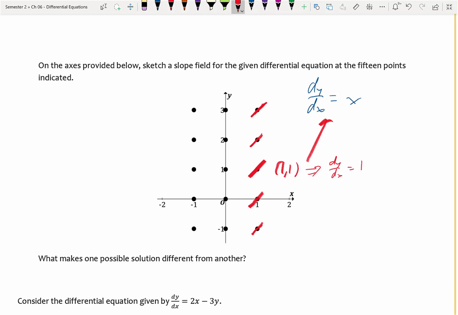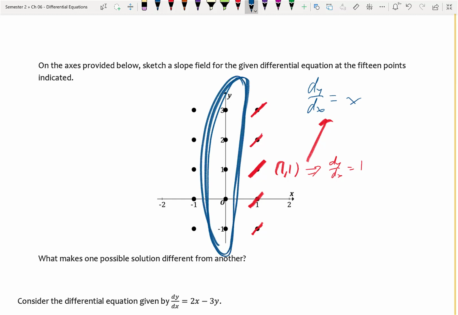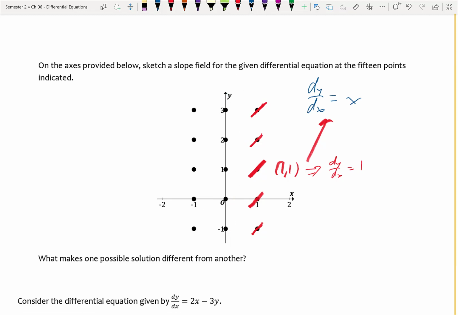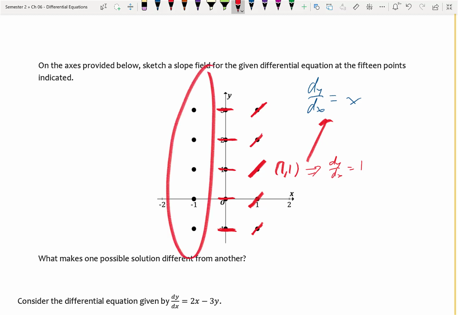What are the little slope field lines going to look like on this piece here? Horizontal. They're going to be all horizontal. So they're going to look like little tick marks there. And then what are they going to look like here?